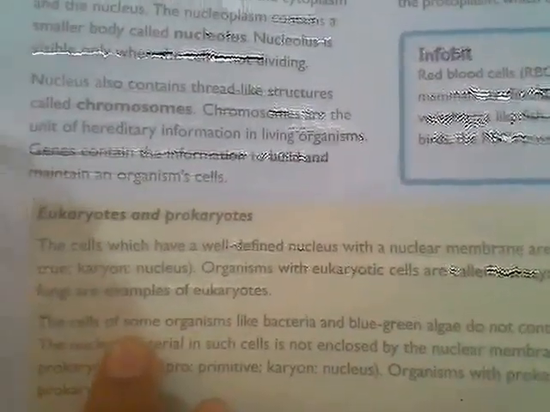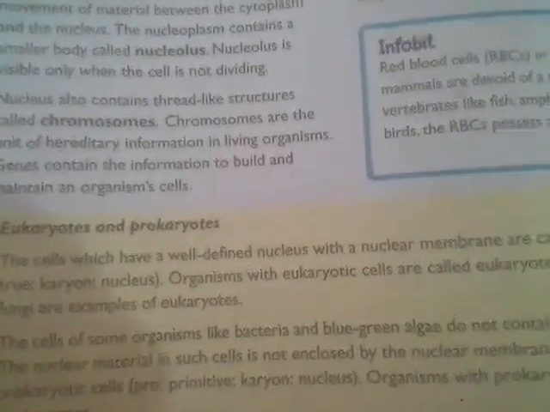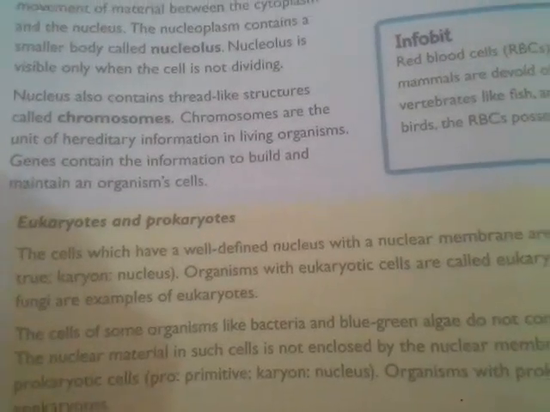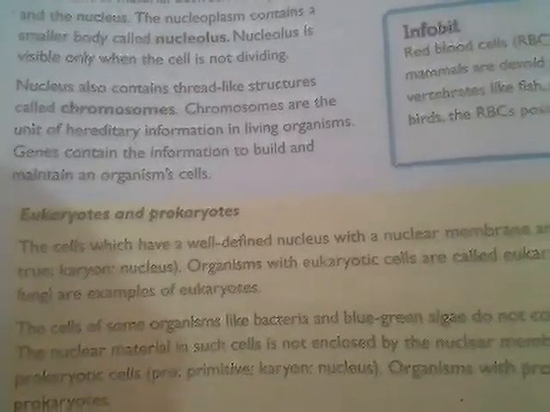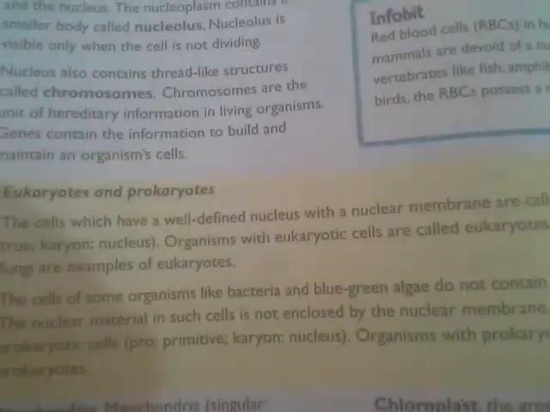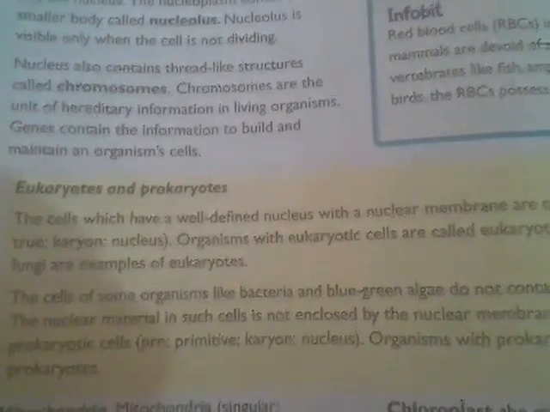The term eukaryote means true nucleus, so organisms which have a well-defined nucleus, that means they have a perfect nucleus, and they have a cell membrane, are known as eukaryotic cells. Prokaryotic cells are those which do not have a true nucleus and do not have a defined nuclear membrane. That means the nucleus is not definite.